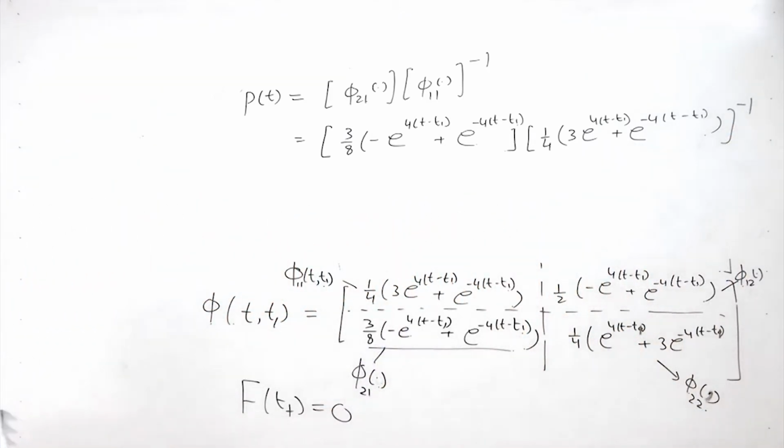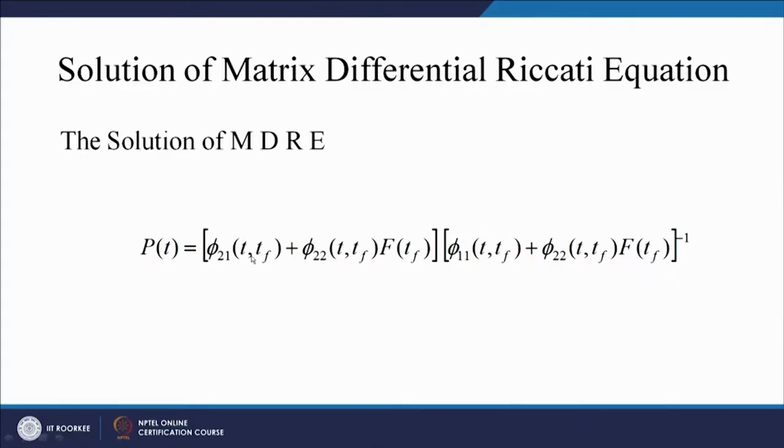So, f of tf is 0, so this term and this term will not appear. So, I am only left with the phi 2 1, phi 1 1 inverse.